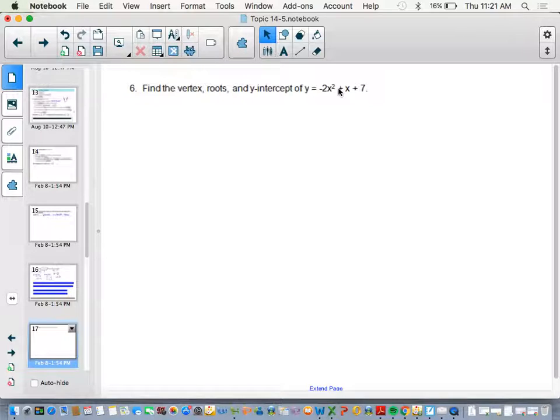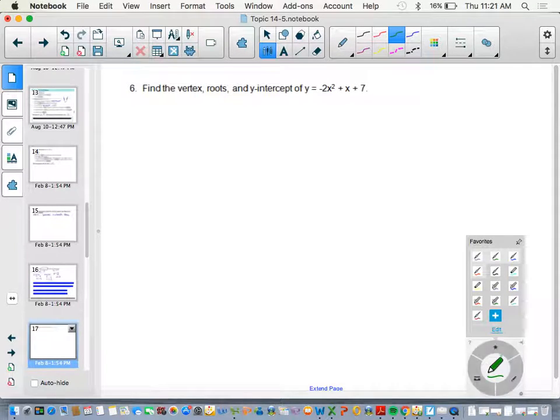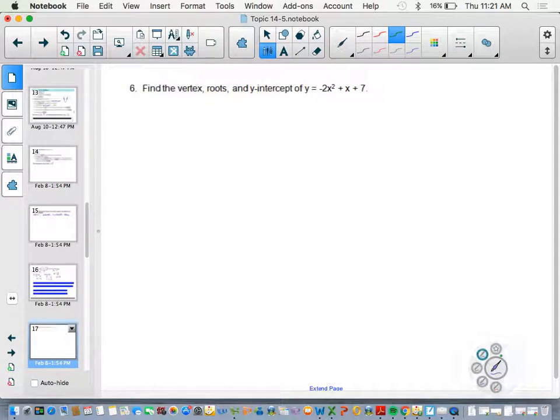Okay, so hold on, guys. For our vertex, we got 0.25, comma, 7.125.